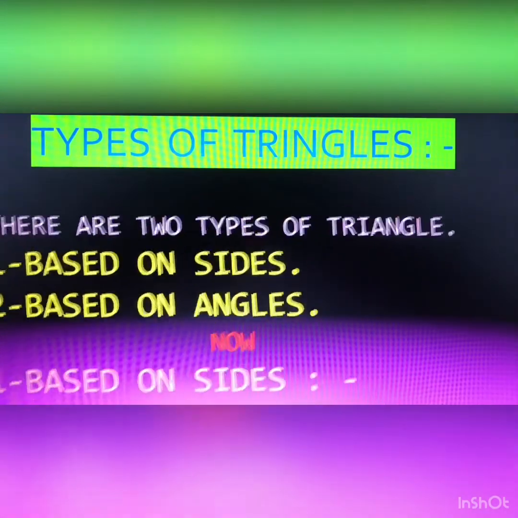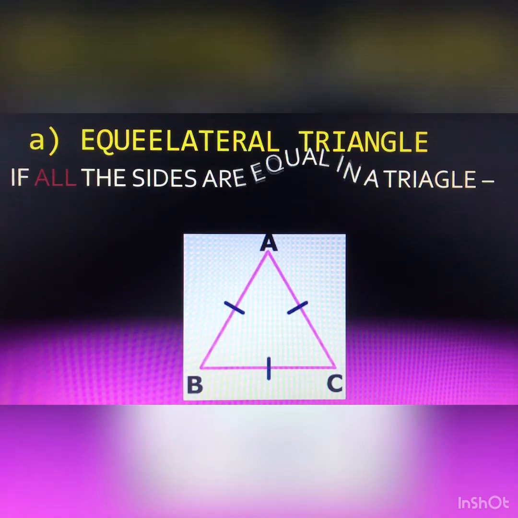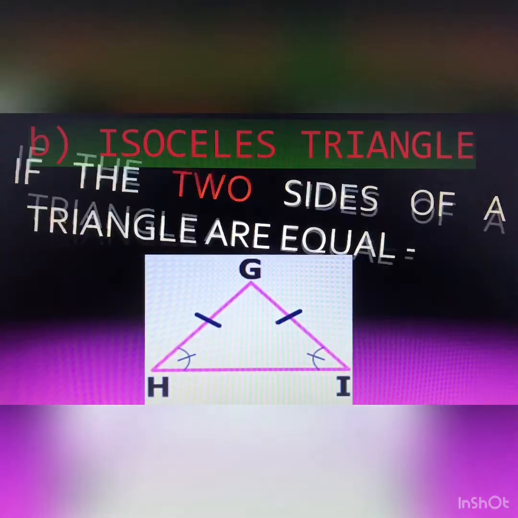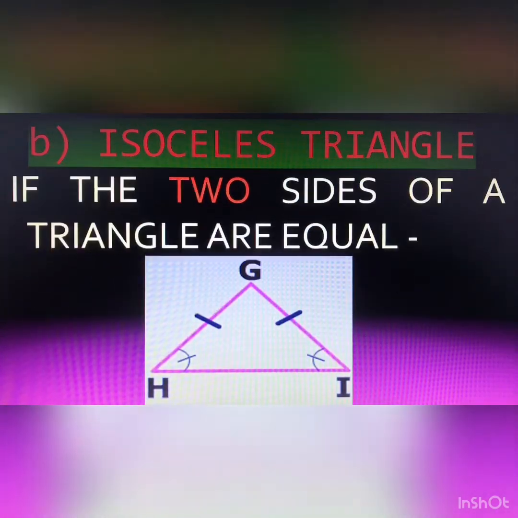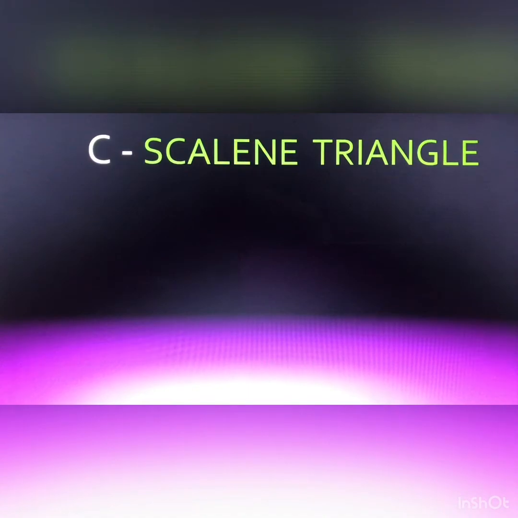Here there are three types of triangle, and the first one is the equilateral triangle. If all the sides of a triangle are equal, it is known as an equilateral triangle. Isosceles triangle: if two line segments are equal in a triangle, then it is known as an isosceles triangle. So this is an example of an isosceles triangle.